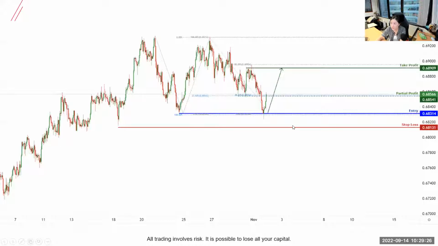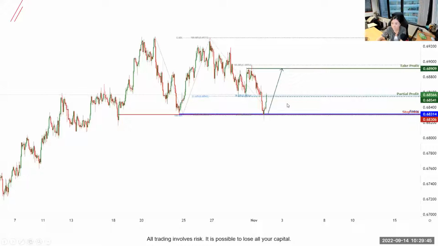Okay, so you can see here, when my price is starting to move up, I can place my partial profit to be here. Instead of having a full take profit, I can take some partial profit here. Or I can also move my stop loss up to my break-even point.